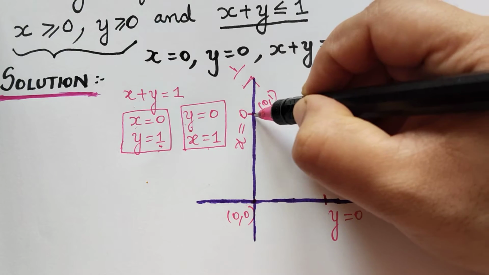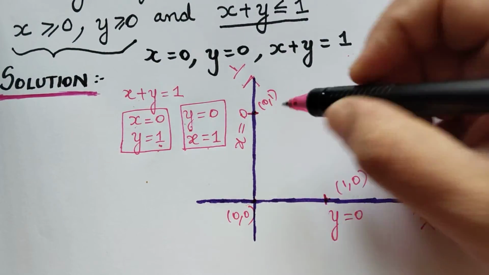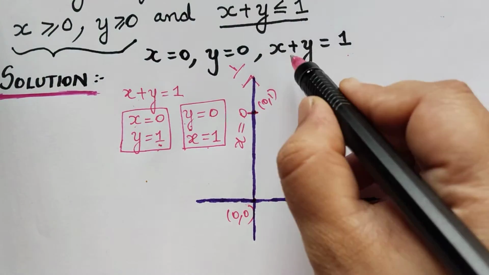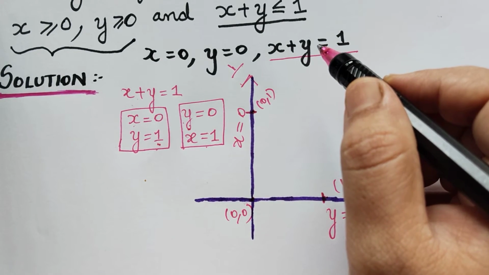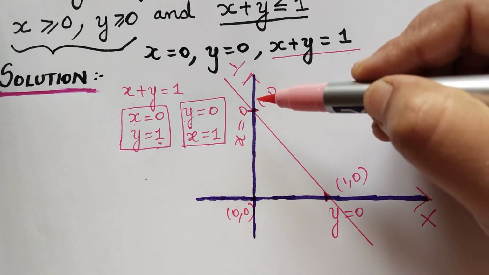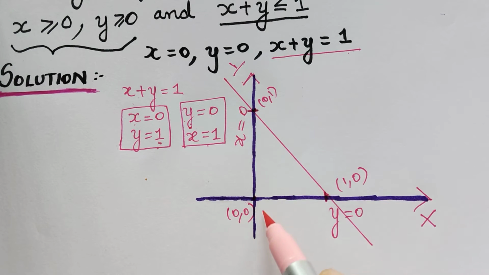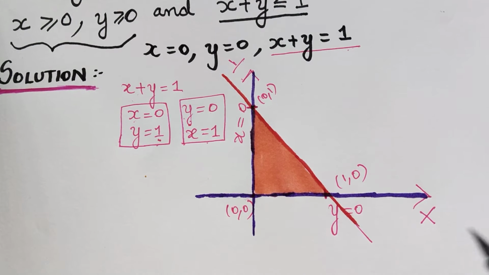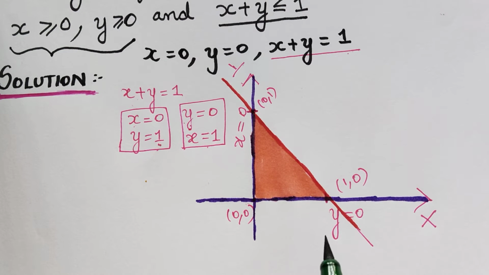Now we have to join these two points to get the line x + y = 1. So let us join that now. The region under consideration is below this line, and the region bounded by the lines x = 0 and y = 0. Let me just shade the region and show you. So this is the region in which we have to evaluate the given double integral.